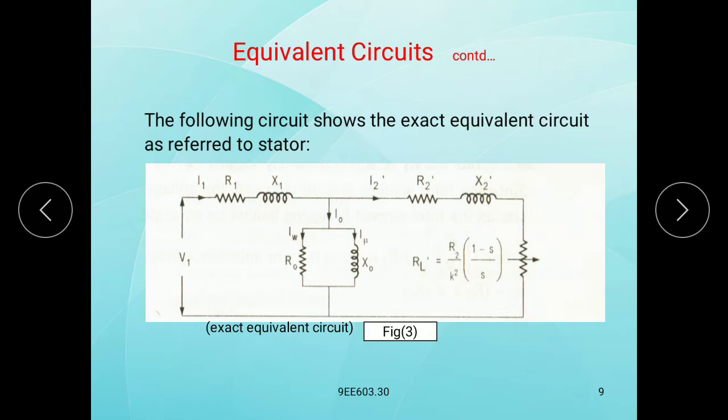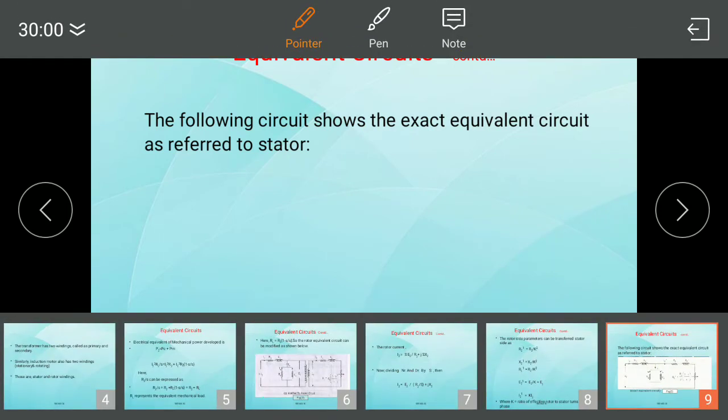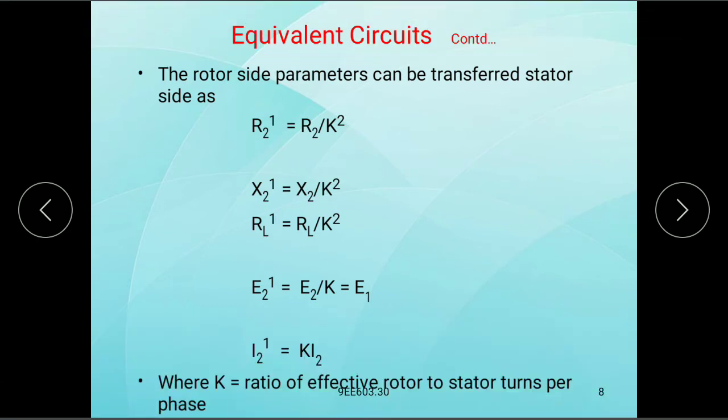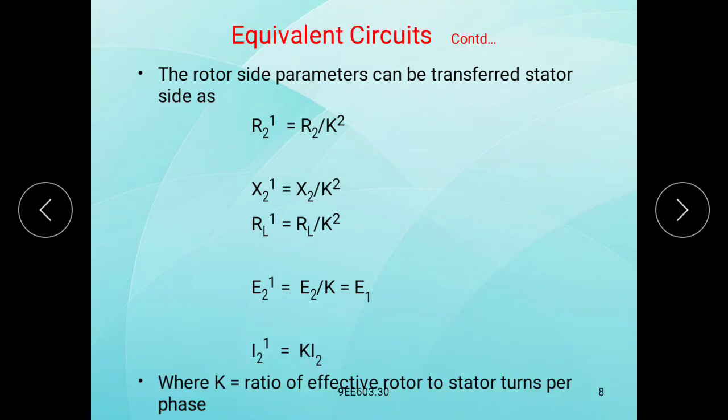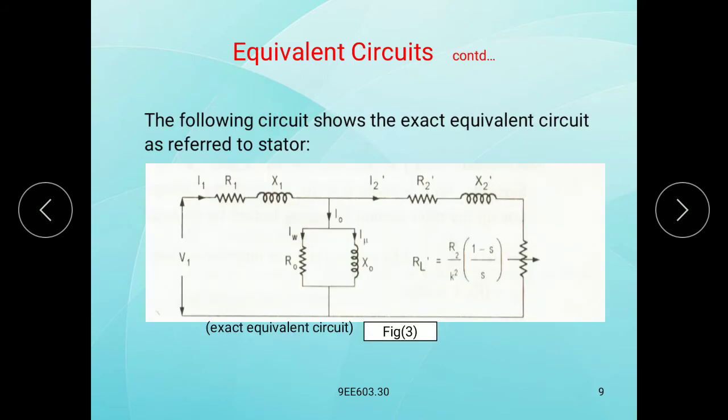Here I2 dash is K I2, as in the previous case. This is the I2 dash, that is equal to K I2.